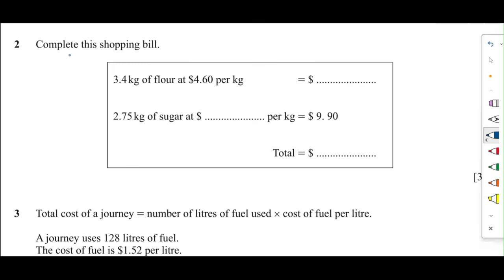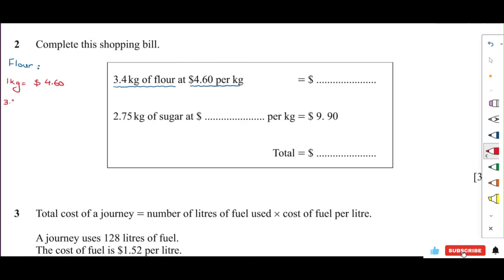Now for question number 2, complete this shopping bill. 3.4 kilograms of flour at 4.60 per kilogram means 1 kilogram cost is given. We need to figure out the cost of 3.4 kilograms. So let me solve for the flour first. For 1 kilogram, the price is 4.60 dollars.